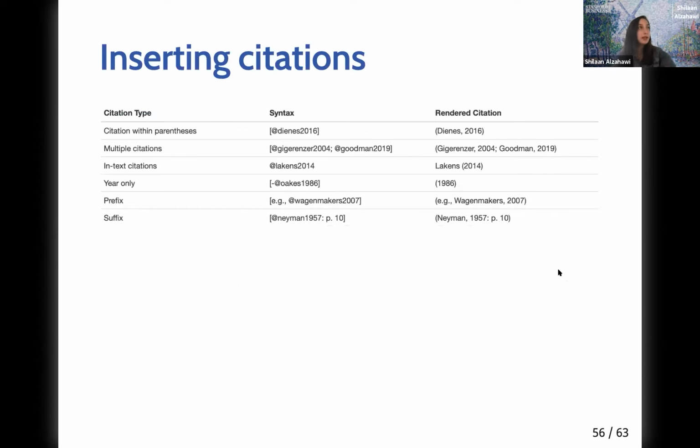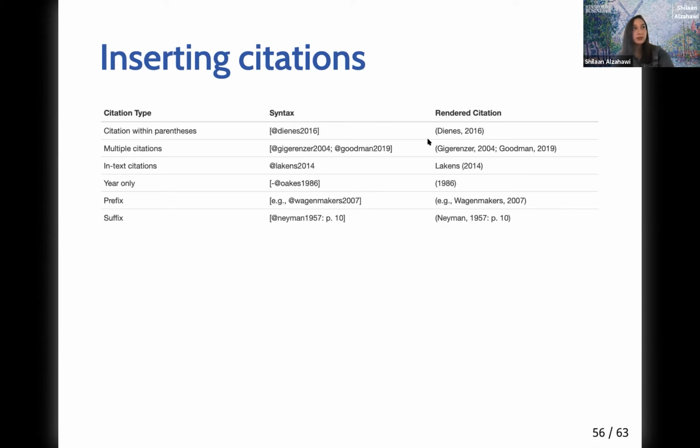You've already seen me include a citation within parentheses, which is often how we cite. So here you have a table. In the first column, I just described the type of citation. In the second, I show you the syntax that you need to write in your R Markdown. And in the third column, you can see what it's rendered as.